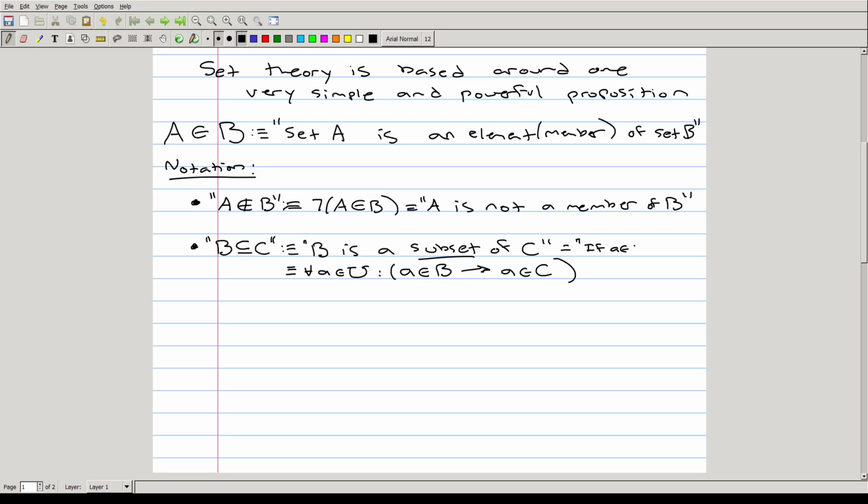If A is an element of B, then A is an element of C.